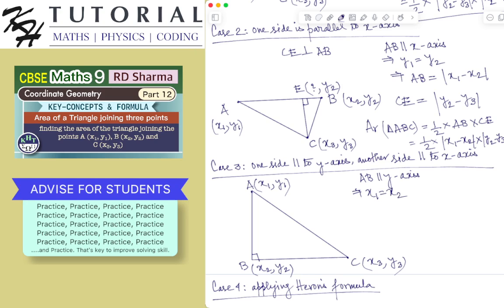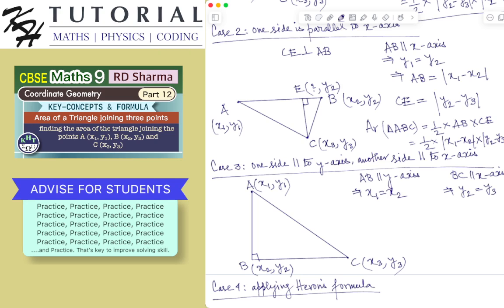Then the side AB will be parallel to the y-axis. And if BC has to be parallel to the x-axis, then the ordinates will be the same. That is, y2 is equal to y3.